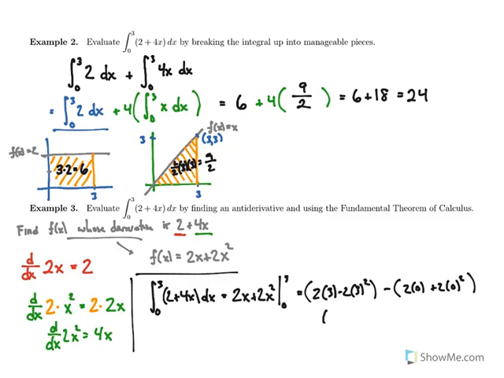And we get 6 plus 18 minus 0, and that's all equal to 24, which is what we should get because we're doing the exact same problem as we did before.